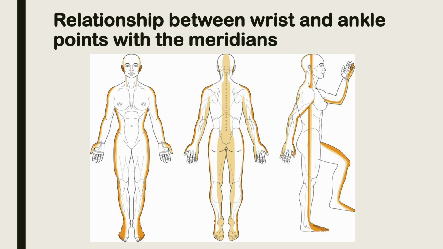Also, specific points around the wrist and ankle, such as small intestine 3, Ho Shi, Sanjiao 5, Wai Guan, pericardium 6, Nei Guan, lung 7, Lie Che, urinary bladder 62, Shen Mai, gallbladder 41, Zhu Lin Qi, kidney 6, Chao Hai, and spleen 4, Kung Sun, connect with the Du, Yang Wei, Yin Wei, Ren, Yang Chao, Yin Chao, and Chong meridians.